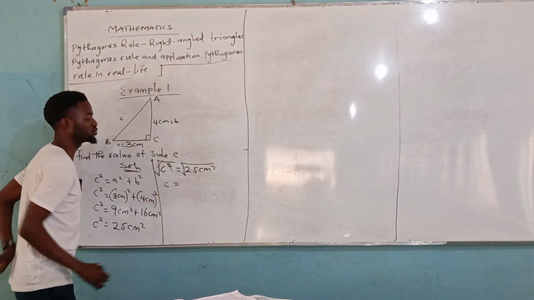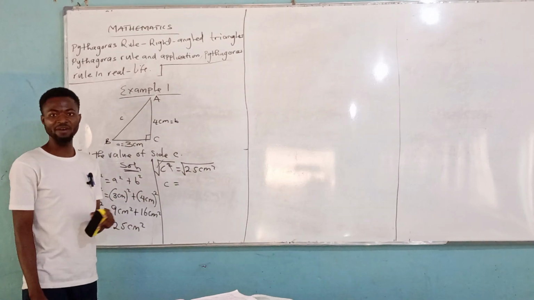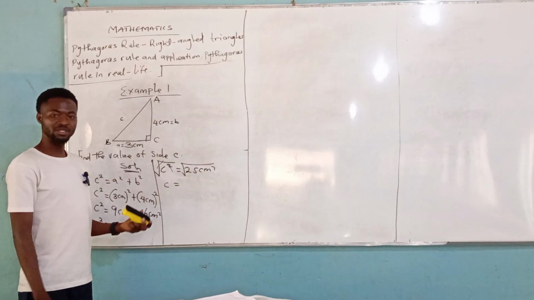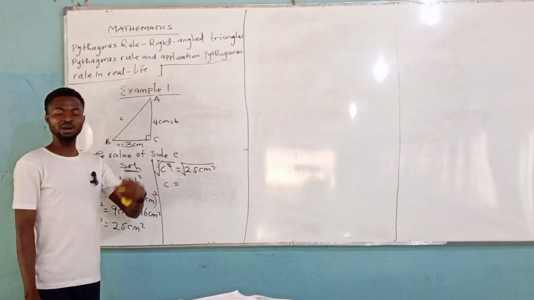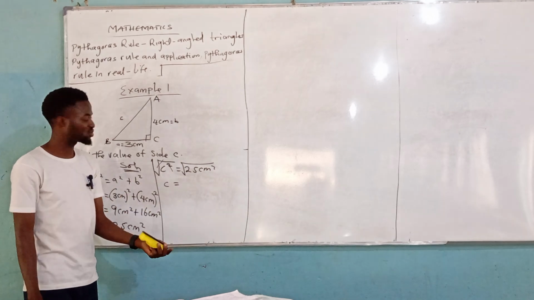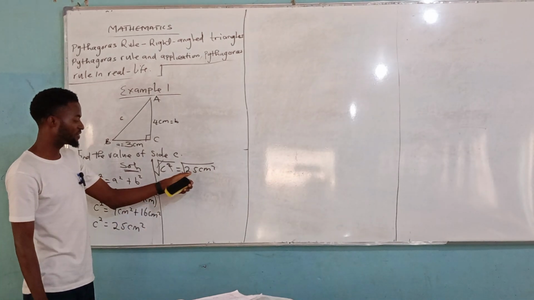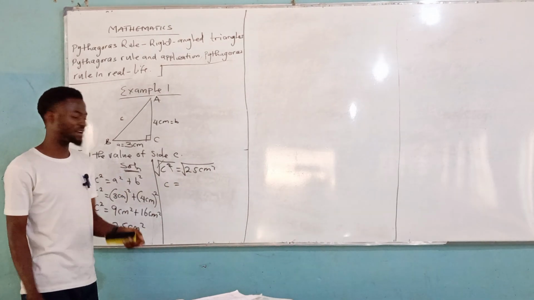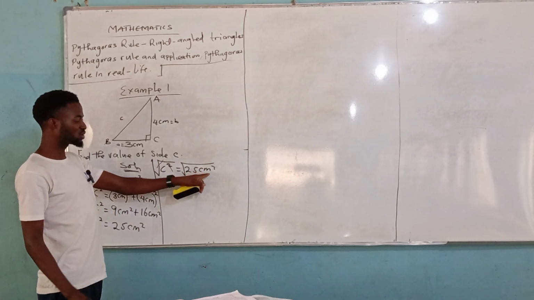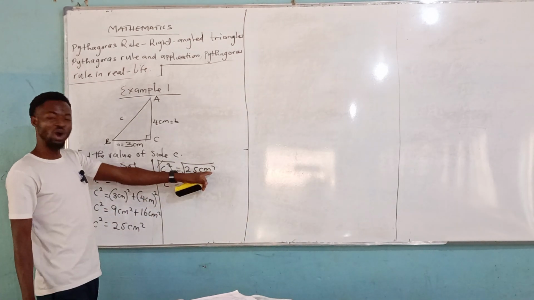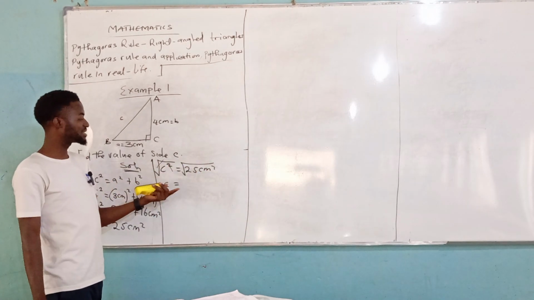C is equal to, 25 is a perfect square. If we are talking about a perfect square, a number multiplying itself gives you a perfect square. So if you take the square root of this 25, you'll have 5. But one thing I want you to take note of is that the square on the centimeter will cancel out.